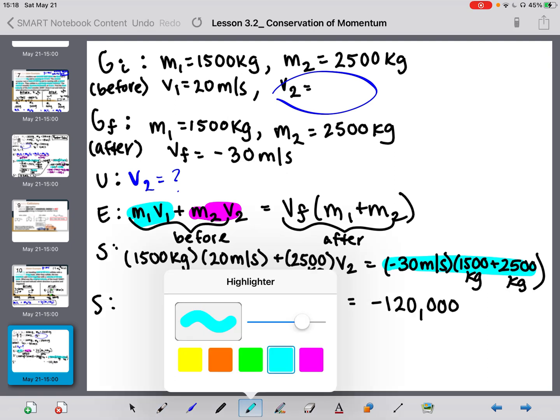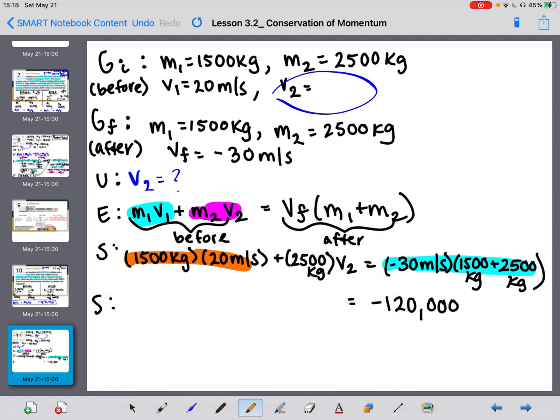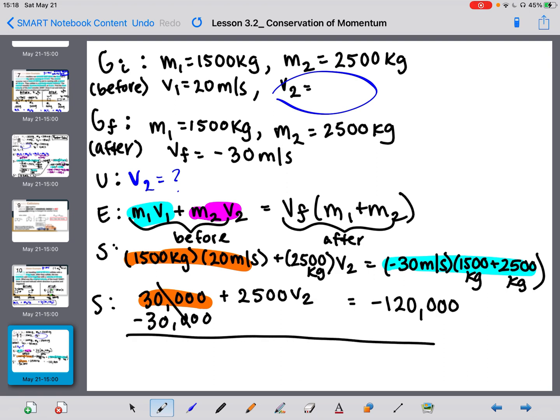So now, after we take care of that, let's move on to this right here. Let's clean this up. 1,500 times 20 is 30,000 plus 2,500 V2. So let's isolate this. We do inverse operations, subtract 30,000 on both sides. If you subtract a negative number by another number, it's going to continue to get more negative.